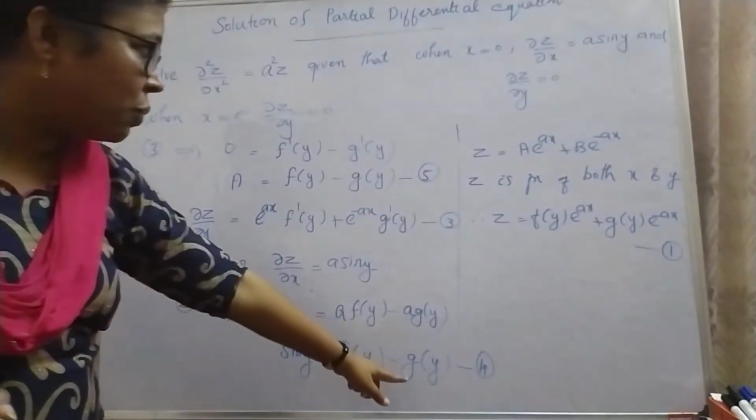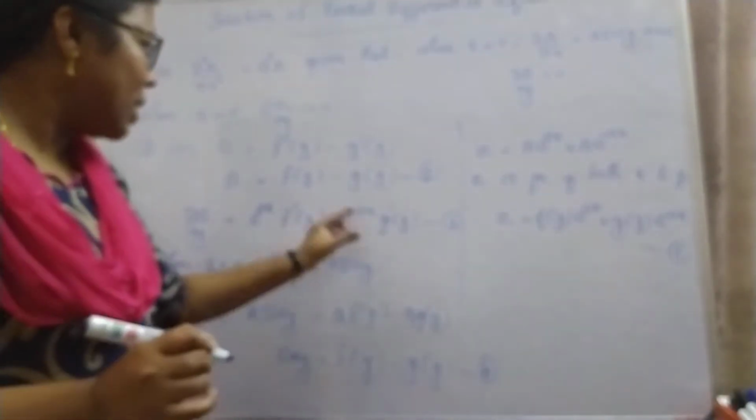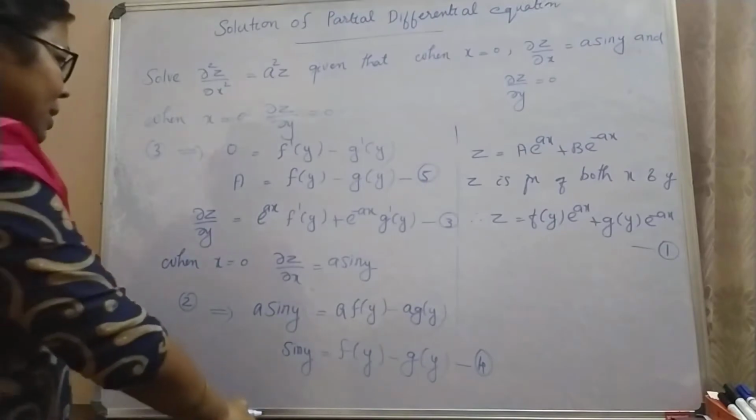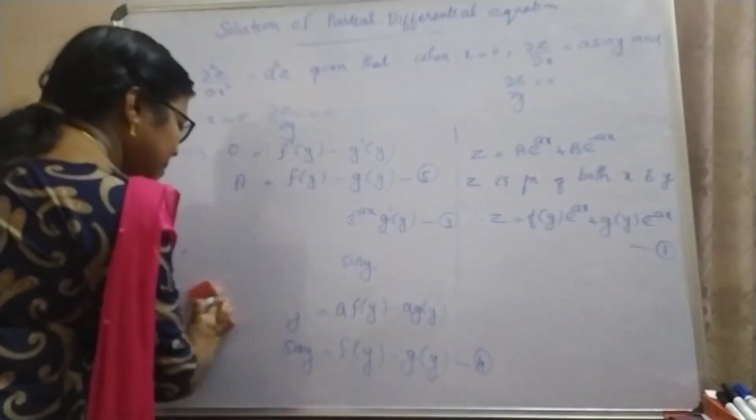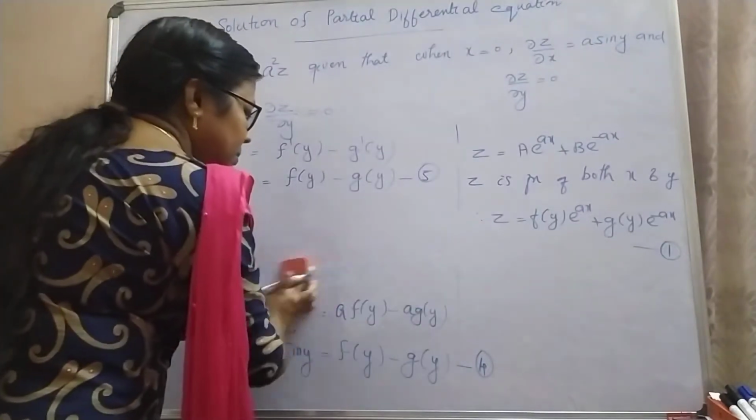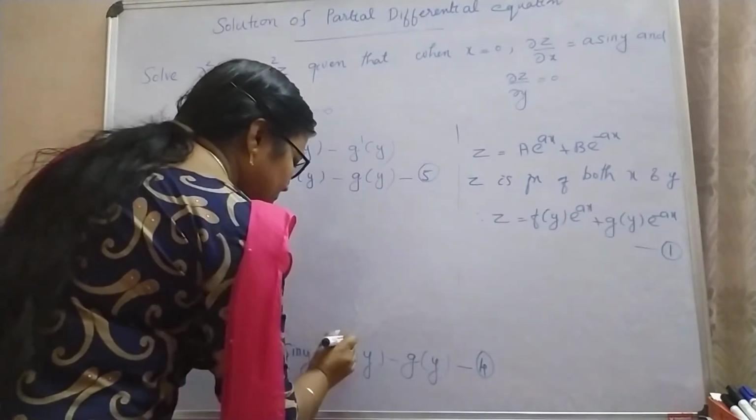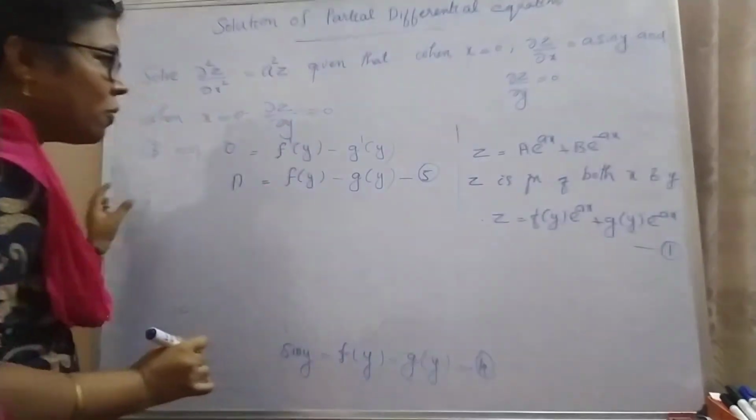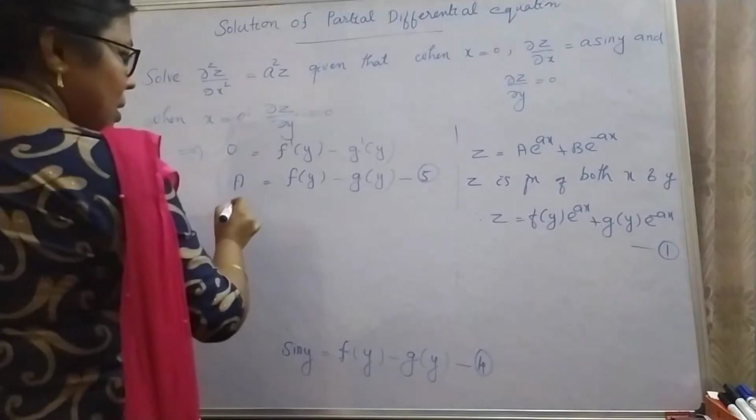Then, by solving 4 and 5, we have to find f(y) and g(y).